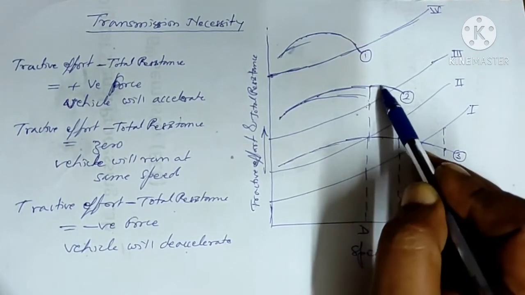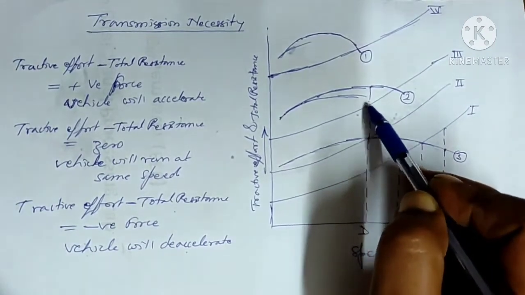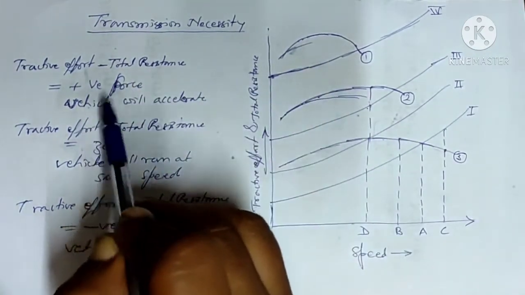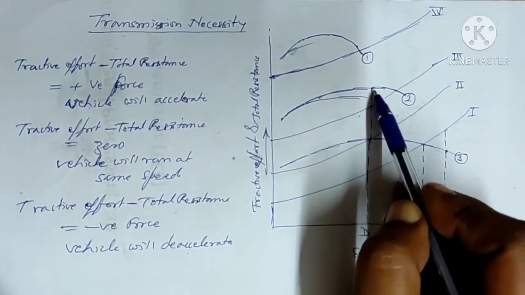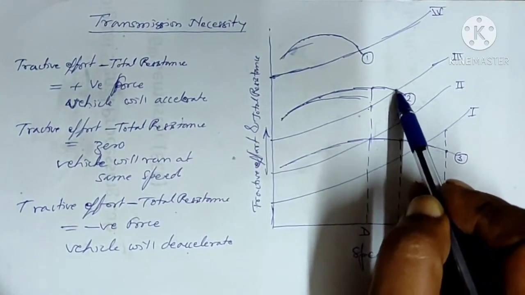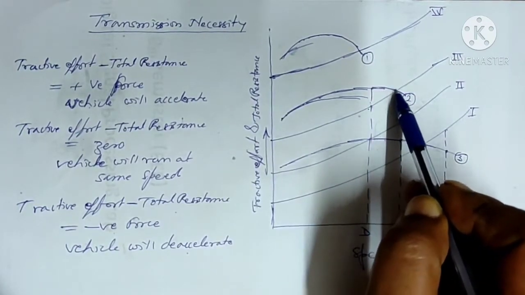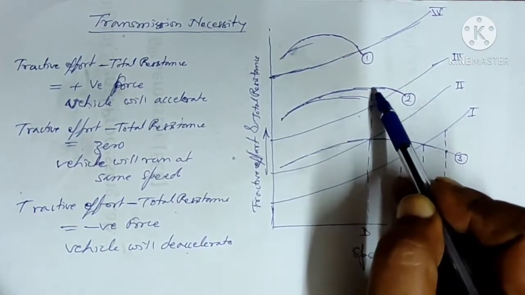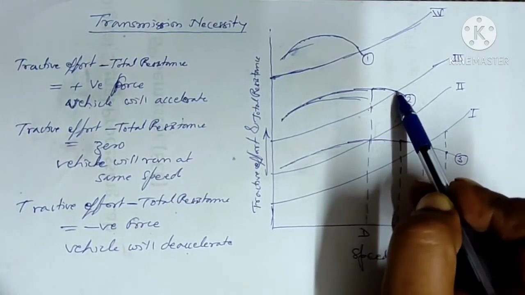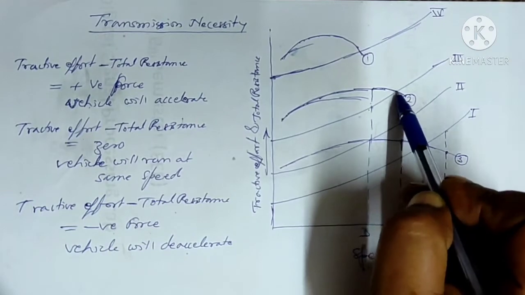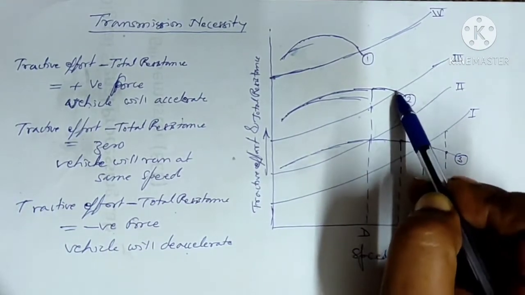So the tractive effort will be more and the resistance will be less, that is the first case, and the vehicle will accelerate. The vehicle velocity will increase and reach this point, and when the tractive effort and the resistance become equal, the vehicle will continuously move with this speed.